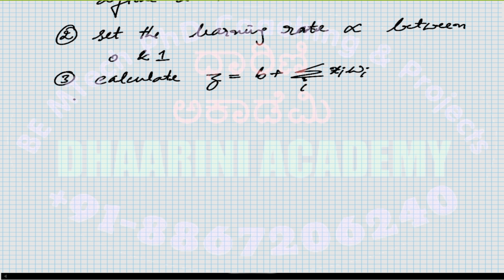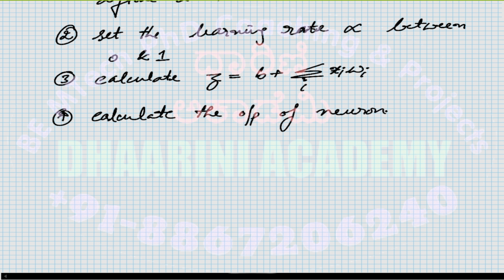Then the fourth step is to calculate the output of the neuron which we are considering, to which we are giving the input. That is y is equal to sigma of z.